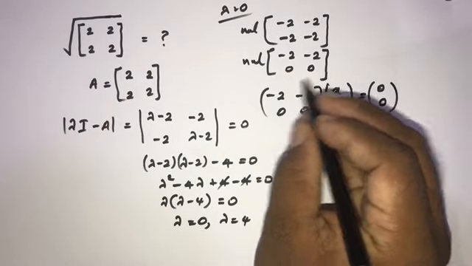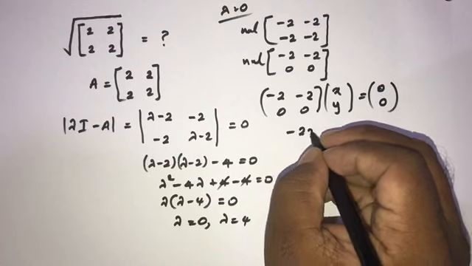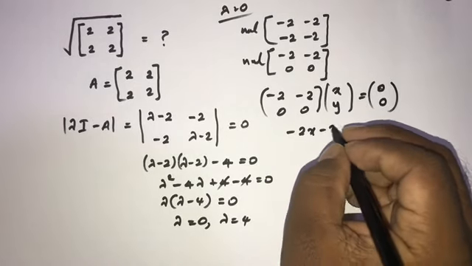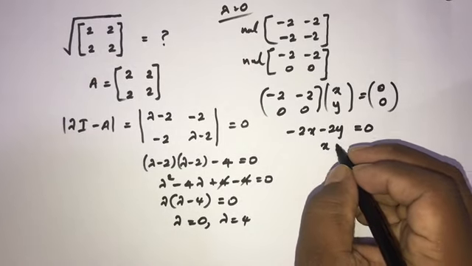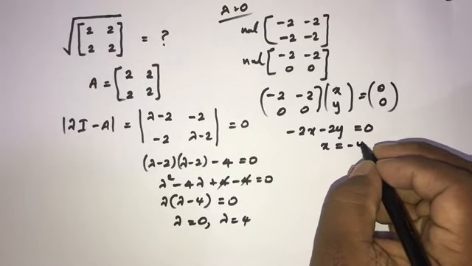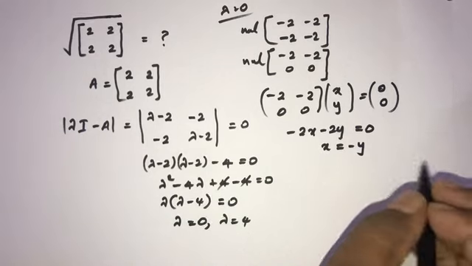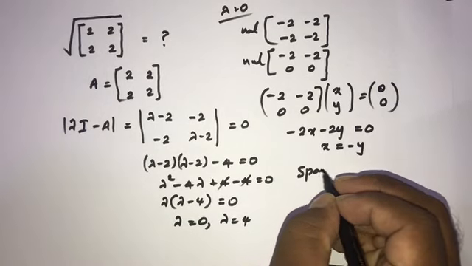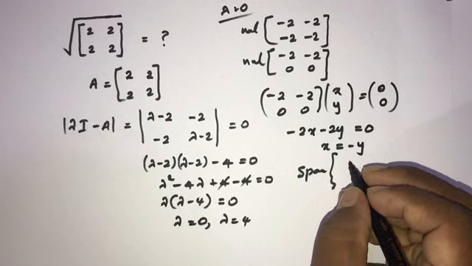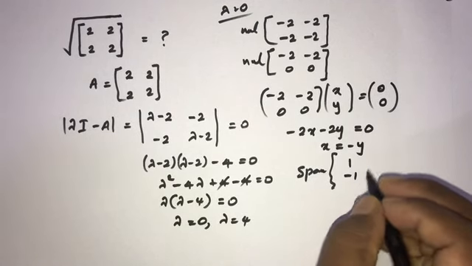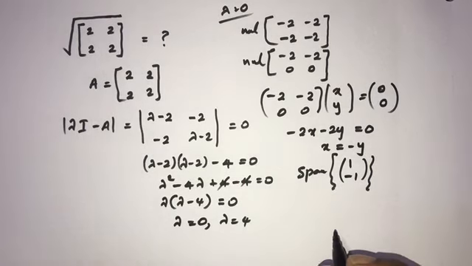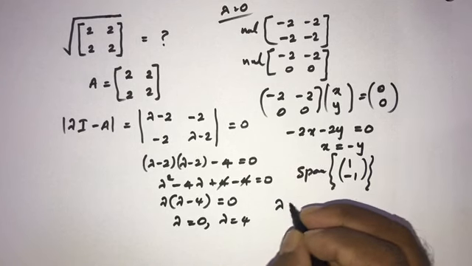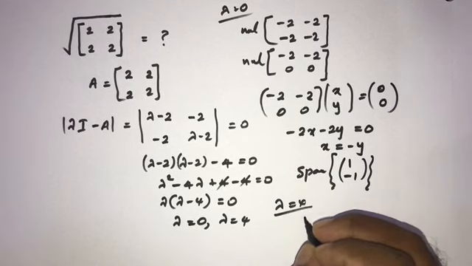So minus 2 times x minus 2 times y is equal to 0, and now we have x is equal to minus y. Now we know the span of 1 minus 1.